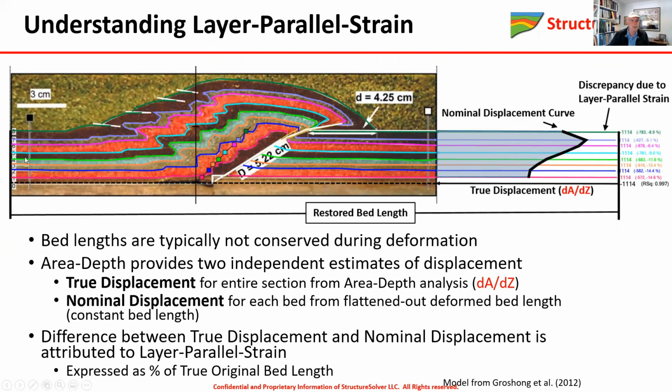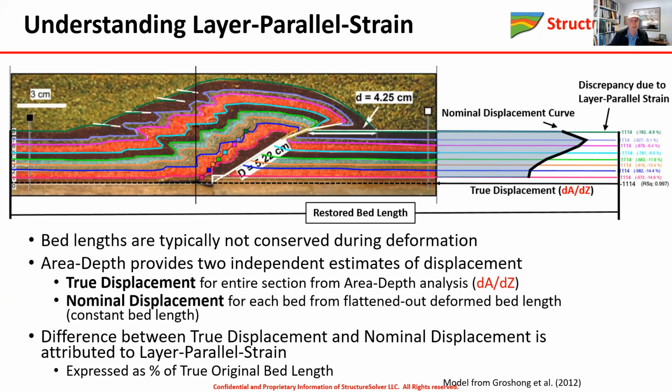If we unfold an individual bed, in this case, this bed unfolds to here rather than out to the true displacement. What we're getting is a composition of the true displacement and whatever amount of internal strain that bed has experienced during the deformation.